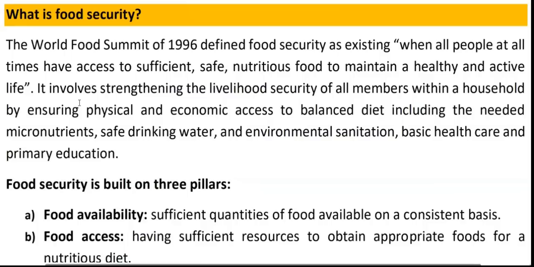So, as we can see, a much broader aspect is covered under food security, and not just ensuring the availability of subsidized food. जो कि बहुत लोगों को ये ऐसा लग सकता है कि फूड सिक्योरिटी का मतलब सिर्फ फूड से ही रिलेटेड, availability of food and accessing food, बट यहाँ पर ensuring physical and economic access. फिजिकल एक्सेस कहने का मतलब ये है कि ऐसा नहीं होना चाहिए कि यहाँ से हमें 50 किलोमीटर दूर जाना पड़ रहा है उसको एक्सेस करने के लिए.